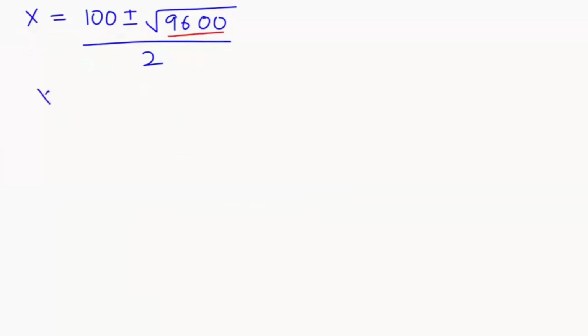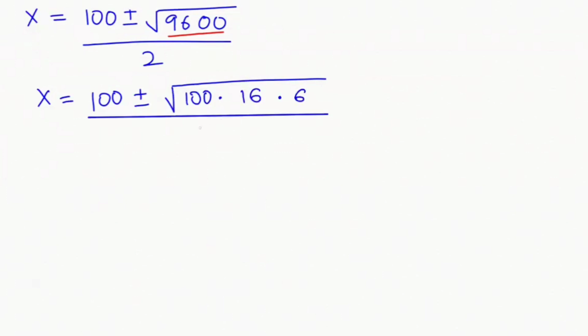Next step, I will split this 9600. I am going to write here 100 plus or minus root of 100 times 16 times 6 over 2. I will apply the radical property, that is the nth root of a times b can be written as the nth root of a times the nth root of b.